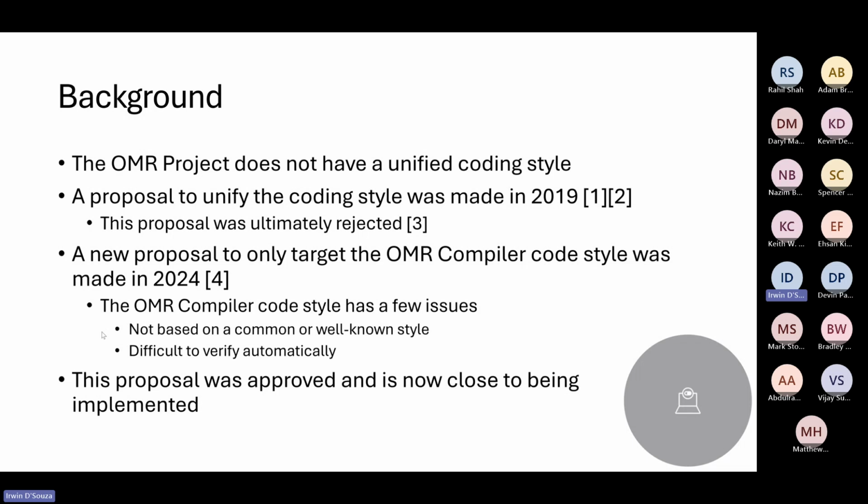The reason is that the OMR compiler code style is not based on a common or well-known style, and it's also difficult to verify automatically. So we decided to take some of the work from the original proposal and use clang-format and apply it to the compiler component. That proposal was approved and is now close to being implemented.